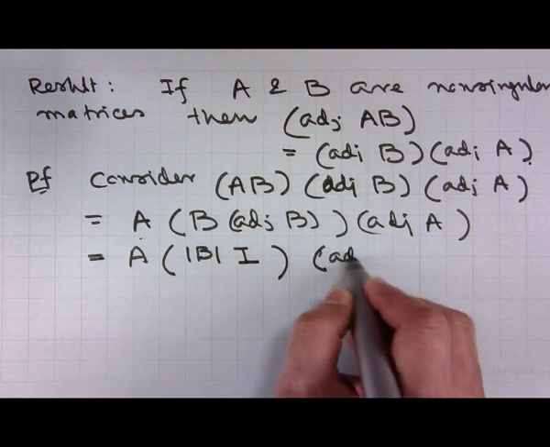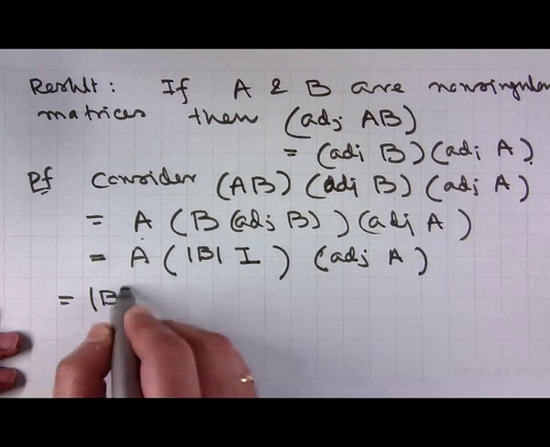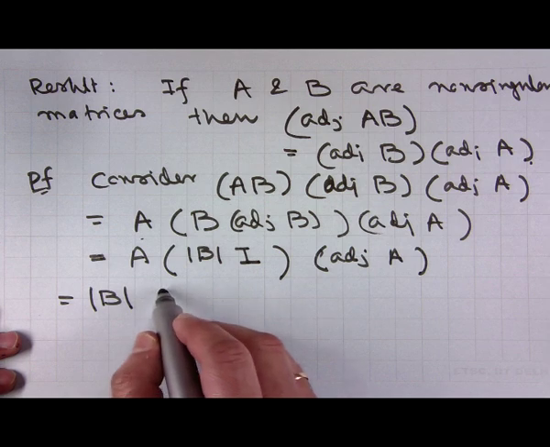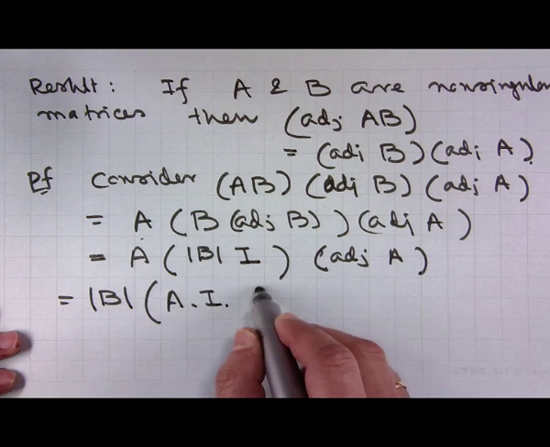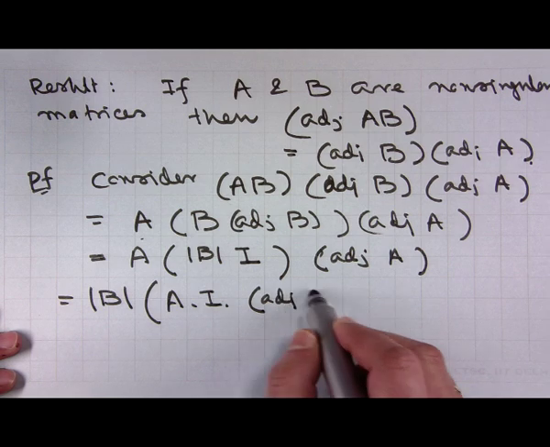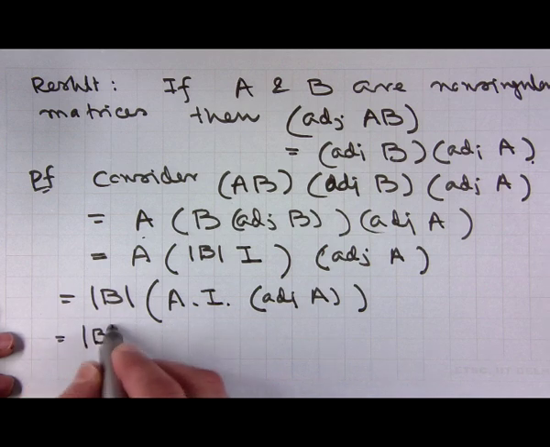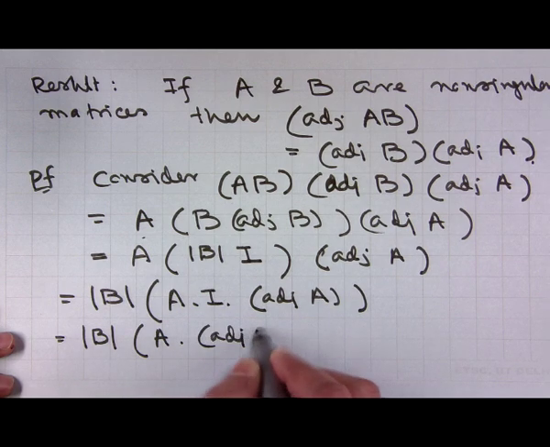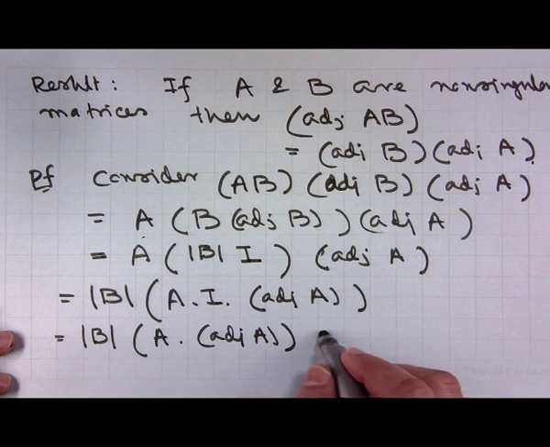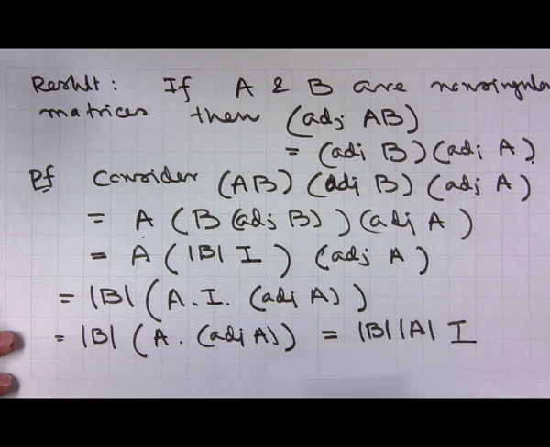So this is determinant of B into A multiplied with identity multiplied with adjoint of A, which is determinant of B multiplied by A into adjoint of A, which is equal to determinant of B into determinant of A into identity.